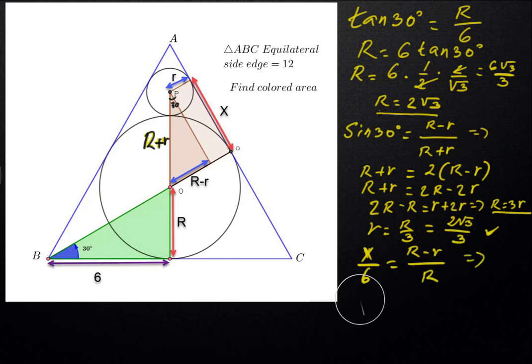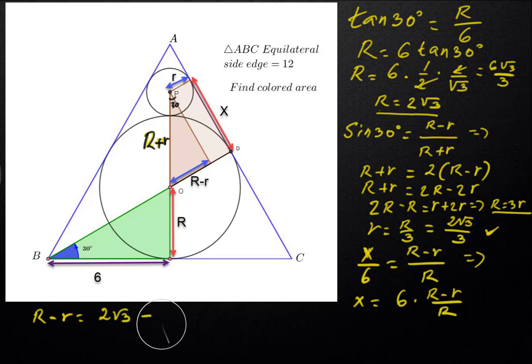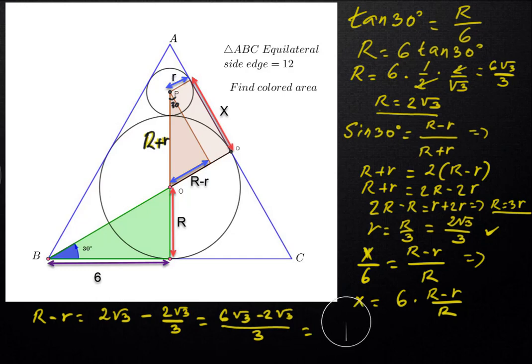That means the value of x is 6 times R minus r over the big radius. We can do the calculation here and find R minus r, which is equal to 2 square root of 3 minus 2 square root of 3 over 3, and that will be 4 square root of 3 over 3.